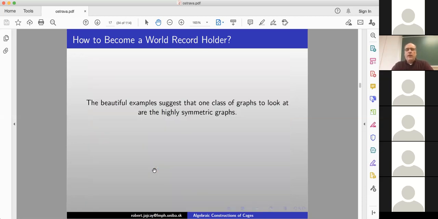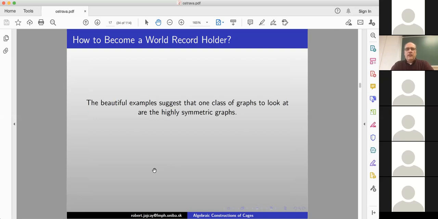And the way to do this, one possible approach, and that's the one I'm going to promote in my talk, is to look at the examples, the known best graphs, and try to guess what are the properties that make the graphs so successful. And then stop searching through the whole entire class of graphs and just search through the graphs that look promising.